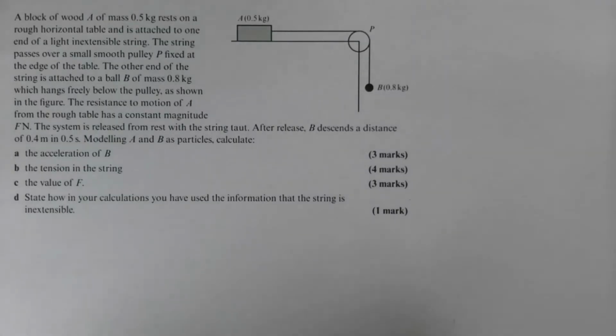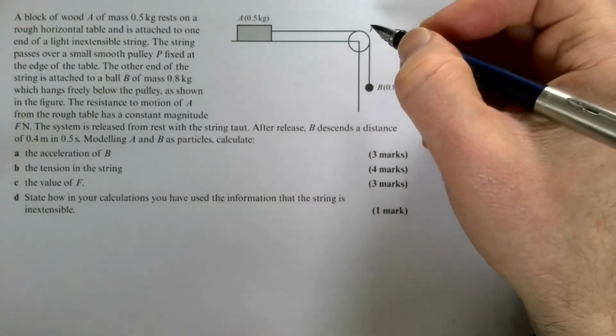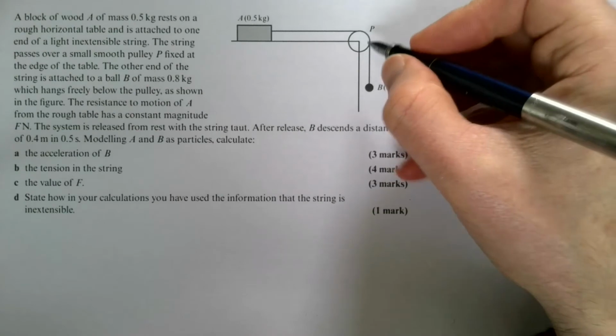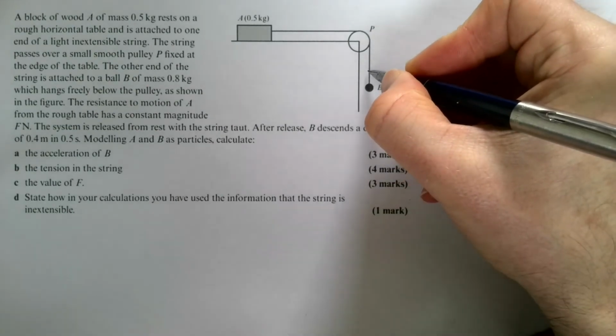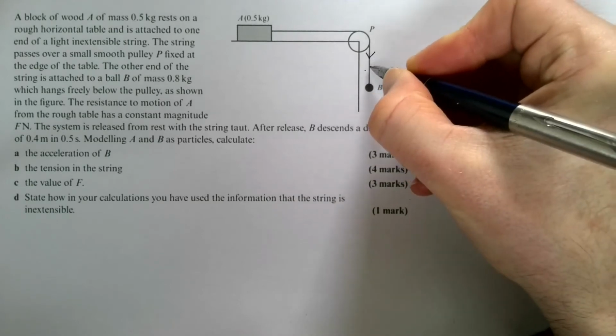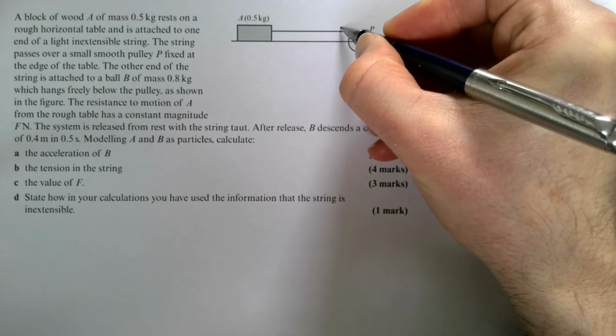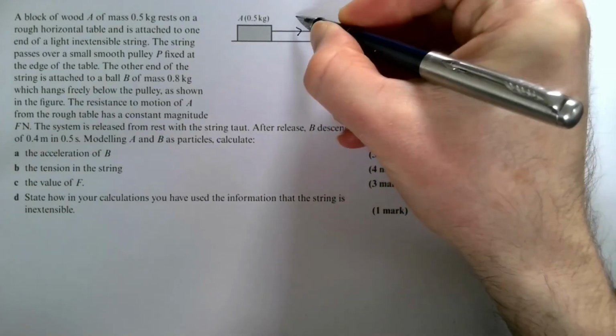So we finally reach the final question, and we just need to think about the fact that we will have tension pulling down at that point and then pulling up at that point and doing the same.